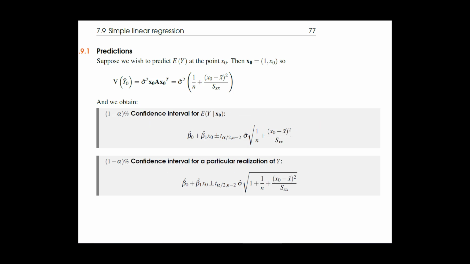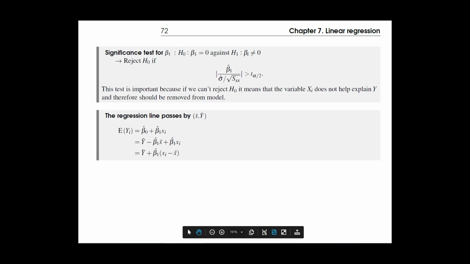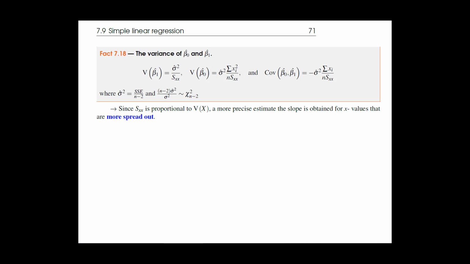Alright, let me show you a formula that I forgot to emphasize, which is up here. So it's regarding the variance of beta 1. Alright, yeah, this one right here. So that's your formula. The important thing here is that it's divided by SXX.